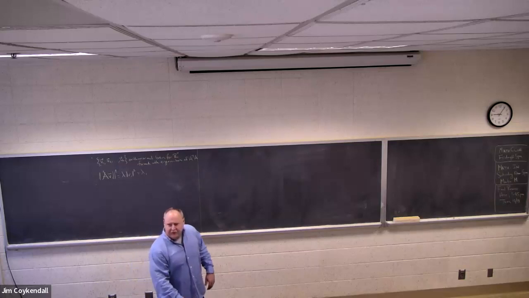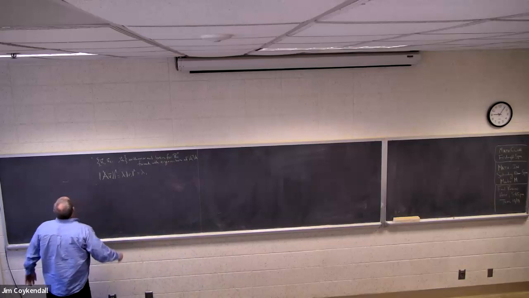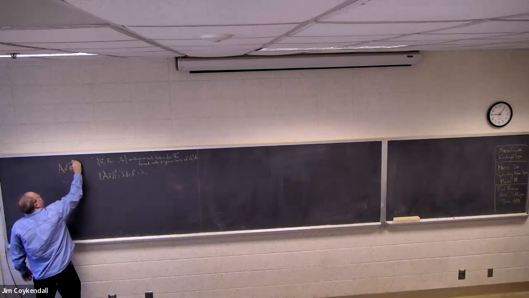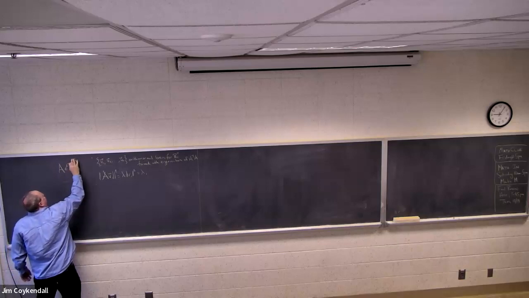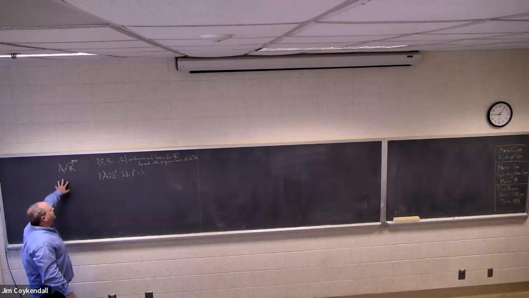Okay, so we did this last time. We had a matrix A, an M by N matrix, in rows and columns. And I said, okay, this is any matrix off the tree. It doesn't even have to be square.